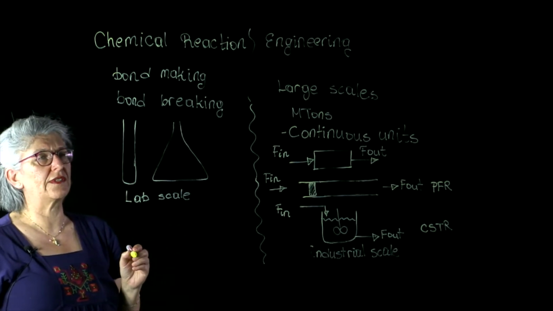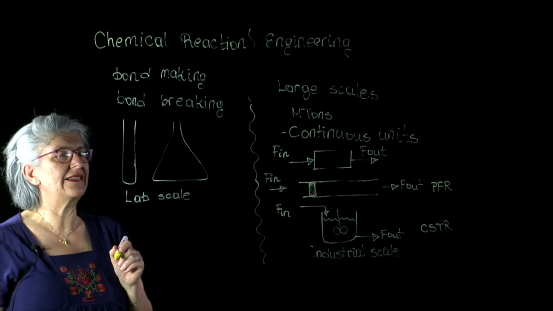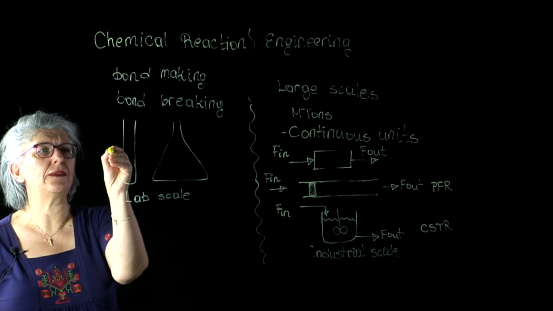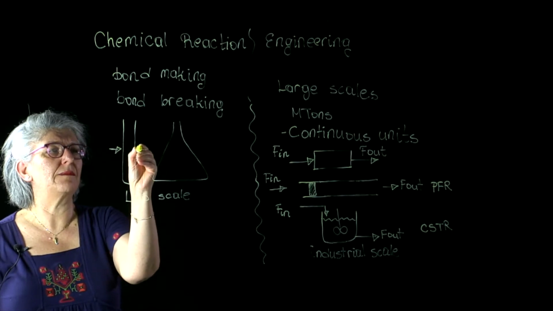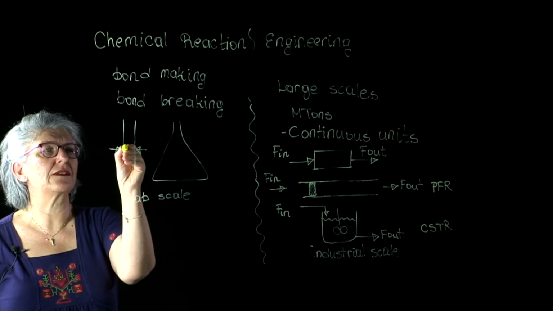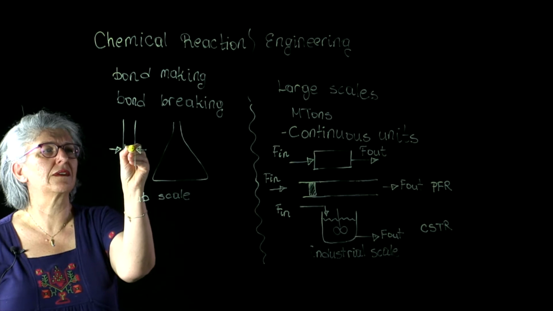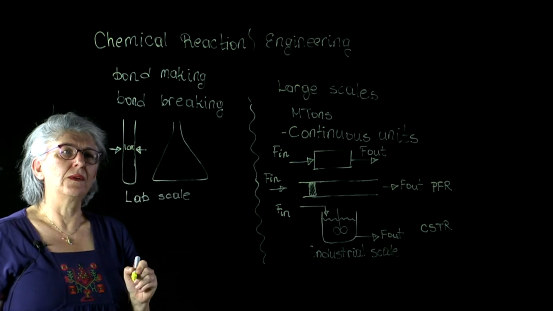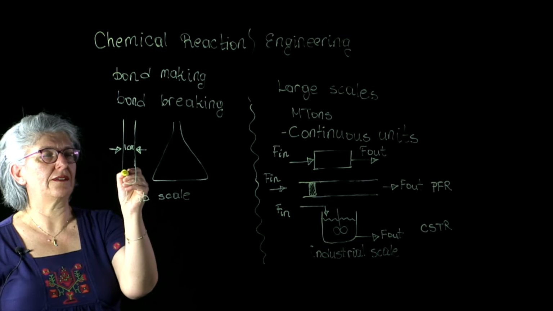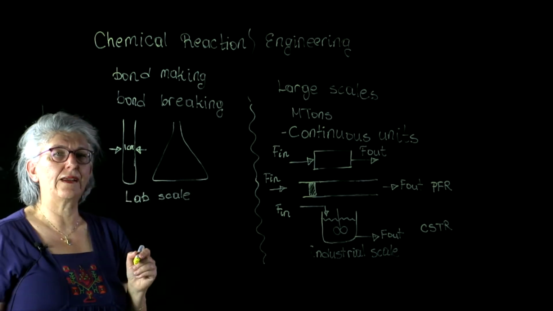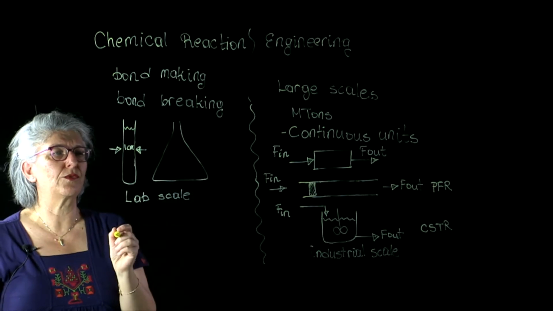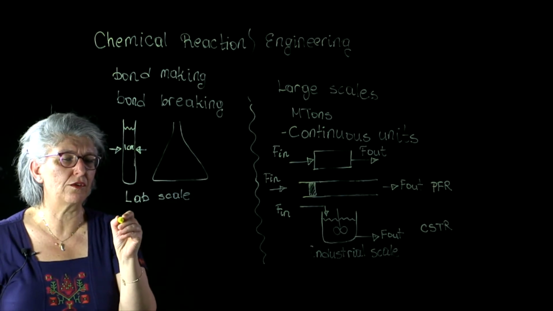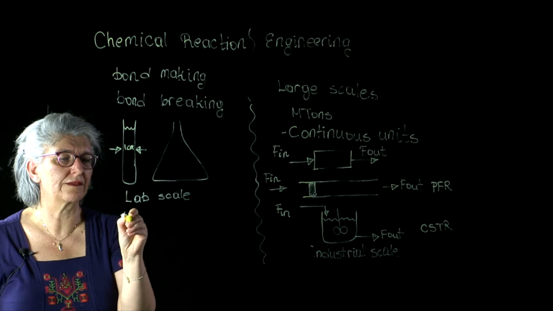In the laboratory scale reactors, the scale is really small. For example, the diameter of this test tube is about 1 centimeter. So the contents, if they are in a heat bath, can be considered as isothermal. In other words, there are no temperature gradients.